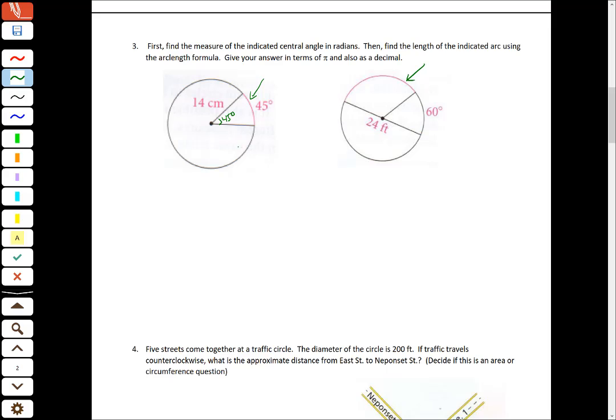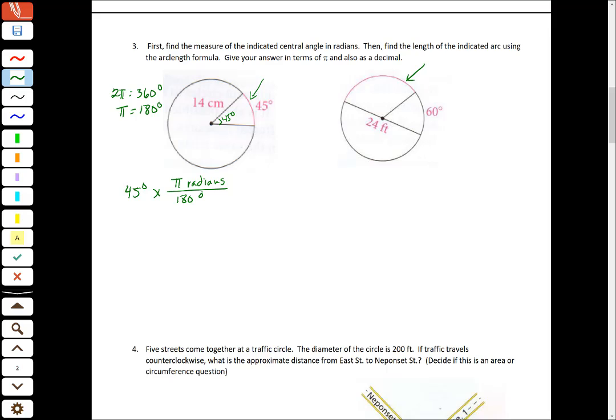So for this first circle, to convert 45 degrees to radians, I take 45 degrees and I multiply. People use one of two conversion factors. 2 pi is equal to 360 degrees. But also if I divide both sides of that by 2, I get pi is 180. So people will use pi radians over 180 degrees.